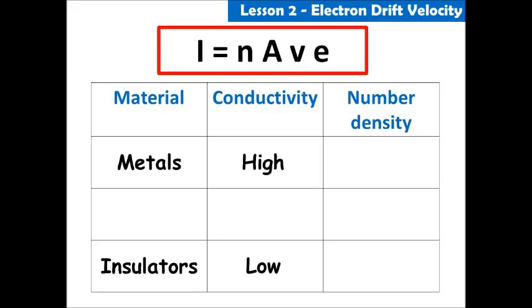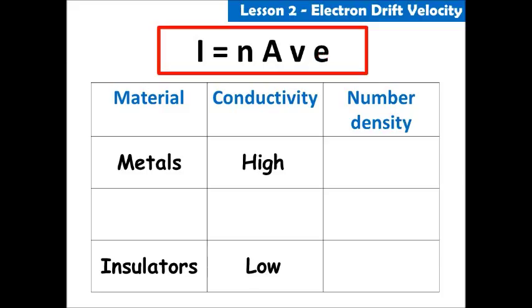So if we want to compare metals and insulators and see how number density controls the conductivity, then what we need to do is compare like for like. That means we need to compare a metal and an insulator that have the same cross-sectional area and the same electron drift velocity. And obviously they're going to have the same charge on each electron because that's a constant.